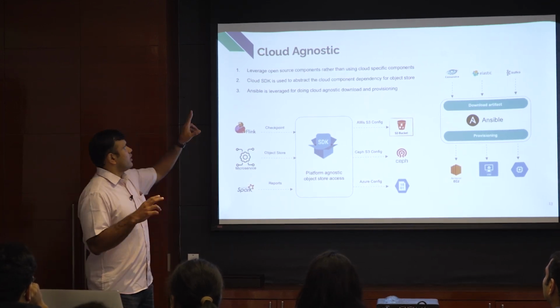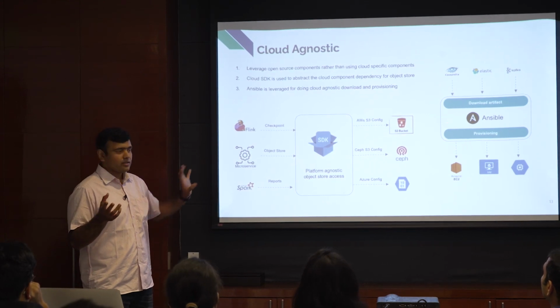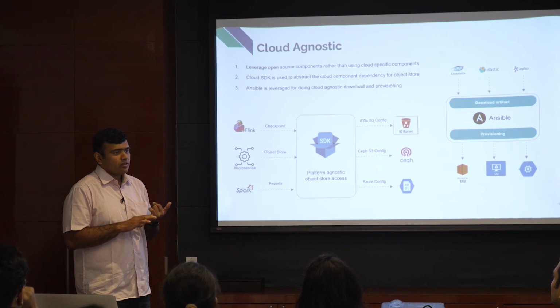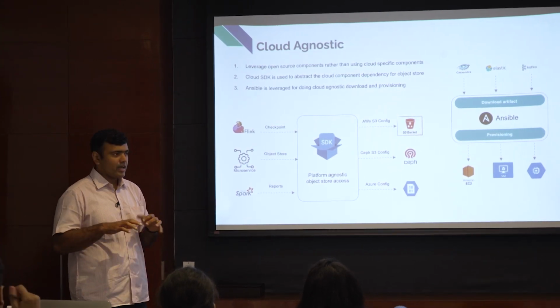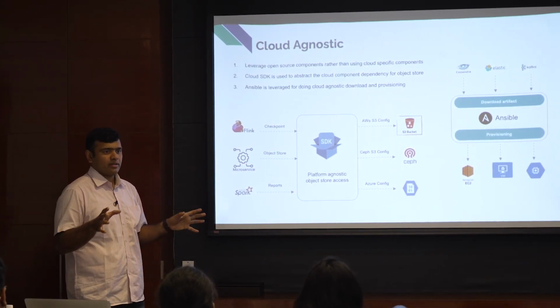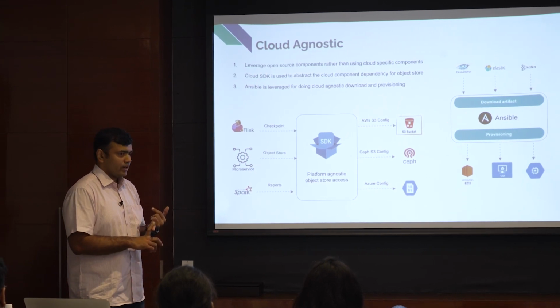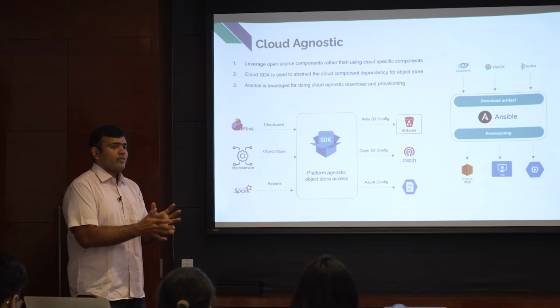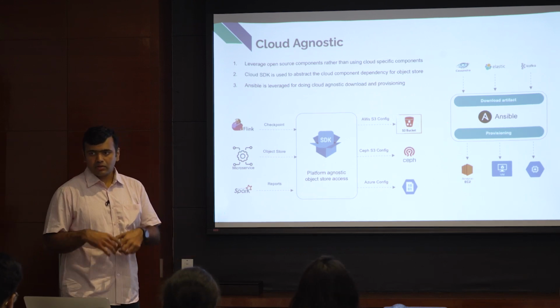So, how to be cloud agnostic? This is something I wanted to touch upon. The first thing is we rely on Kubernetes as the operating platform, and Kubernetes is agnostic of cloud. The second part was that not everything runs on Kubernetes; you also need something to run on VMs.